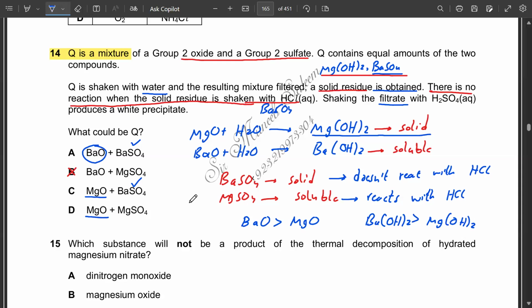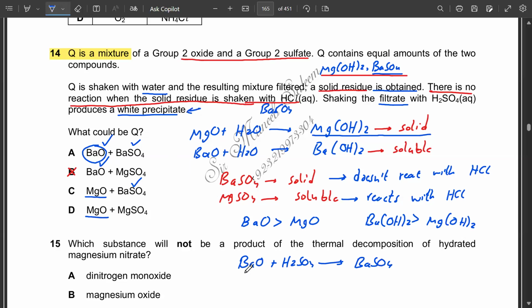So the one which is a filtrate and forms a white precipitate could be barium oxide. It passed through the filter paper and when it reacted with the sulfuric acid, barium oxide reaction with the sulfuric acid produces barium sulfate. Now barium sulfate is a white precipitate.